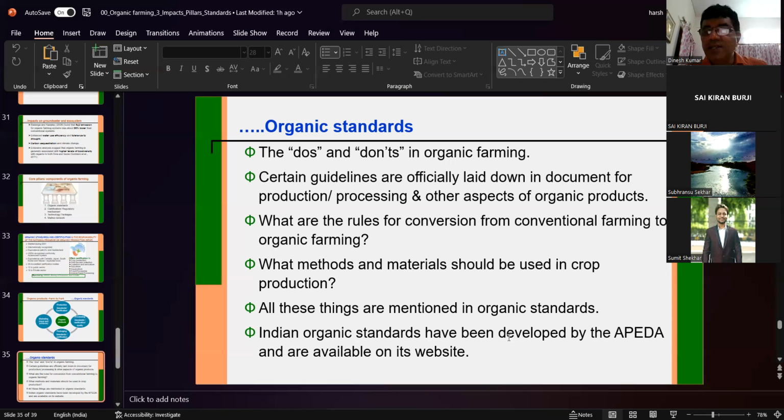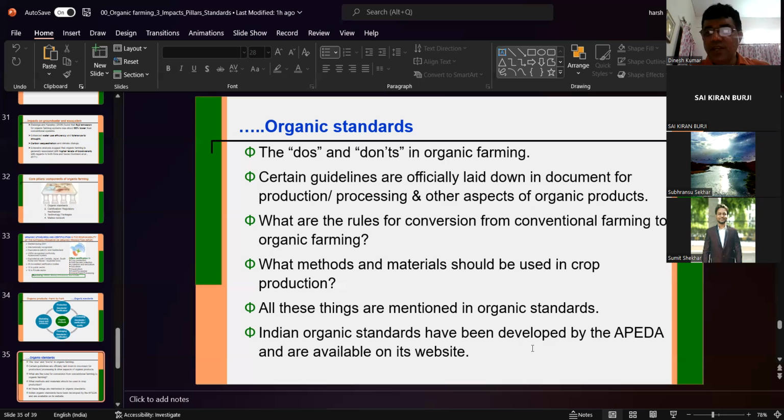Indian organic standards have been developed by APEDA and are available on its website. I have shown you on the website, they were revised in 2014. You can click and they are available chapter-wise also. Interested students can see what organic standards or guidelines there are for soil fertility management, for crop rotations, for addition of nutrients, for control of insect pests and diseases, for transport, for storage.